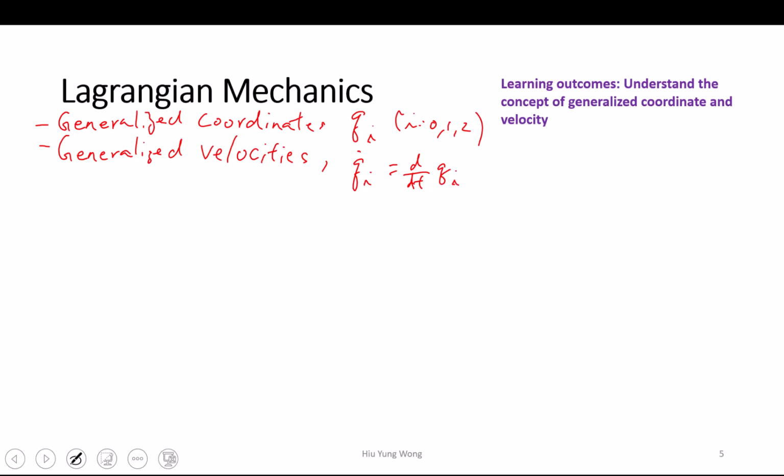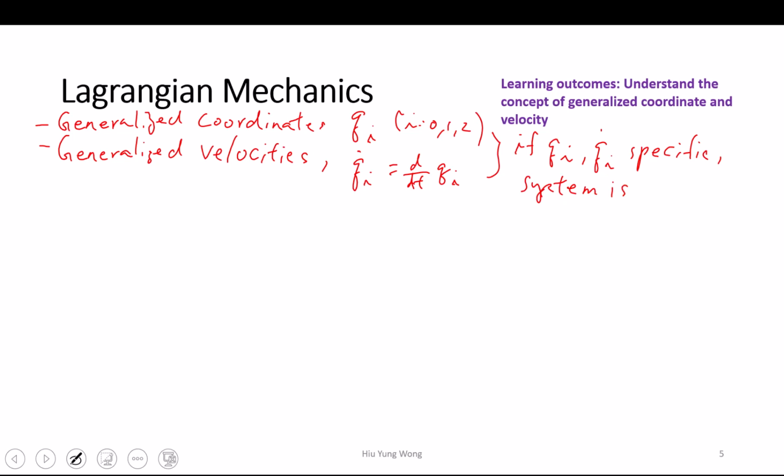We already know what position and velocity are, and we use them in Newtonian mechanics. But Lagrangian mechanics starts from here, and the main point is that if all the qi and qi dot are specified, right? If I know the q and q dot of your system, then the system is determined.